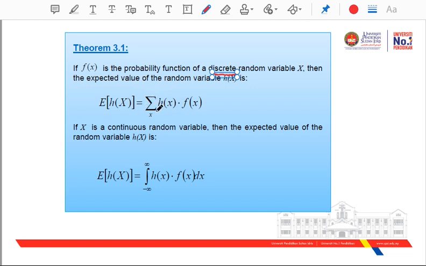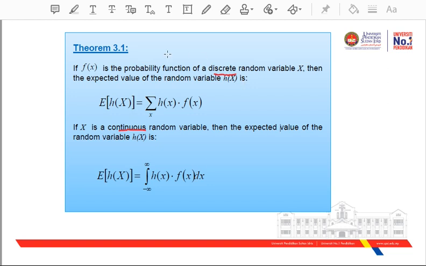Remember, this is discrete, that's why we use summation. And if x is a continuous random variable, then the expected value of h(x) is the integration of h(x) multiplied with f(x) dx.